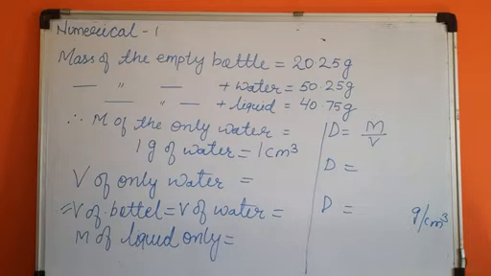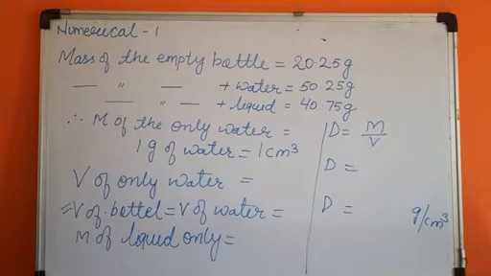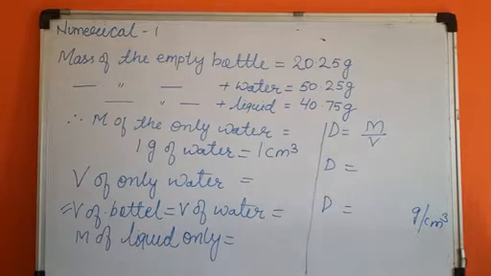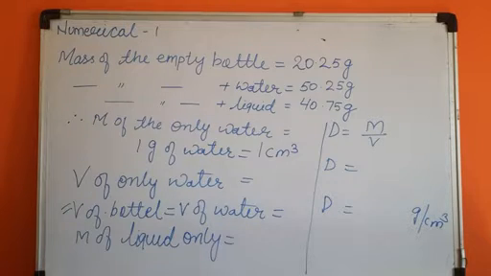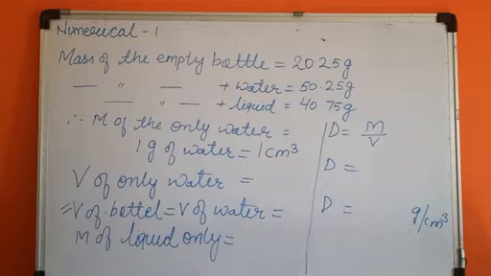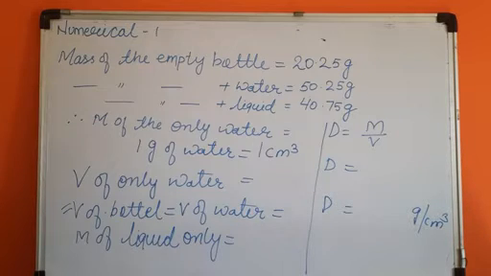So, the question is: the density bottle weighs 20.25 grams when empty, 40.75 grams when filled with a liquid, and 50.25 grams when filled with water. Find the volume of the bottle and the density of the liquid.